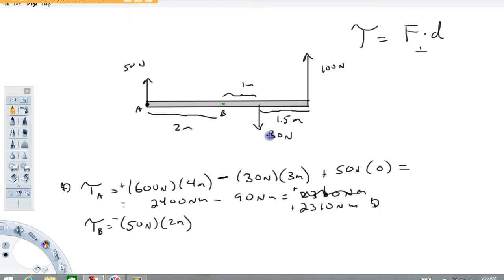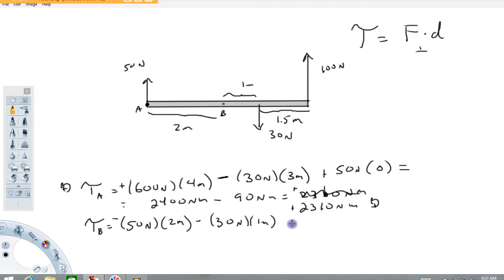The 30 Newton force. Now the 30 newtons acts all along this line. The perpendicular distance is 1 meter, so we're going to have 30 newtons times 1 meter. And this also is producing clockwise torque about B. So that torque is going to be negative.